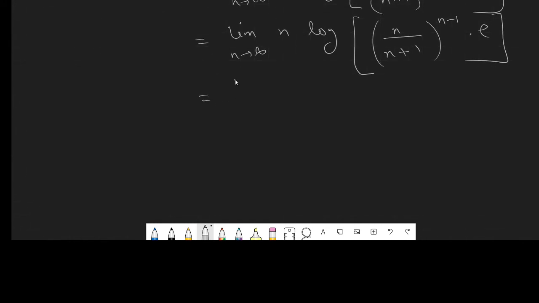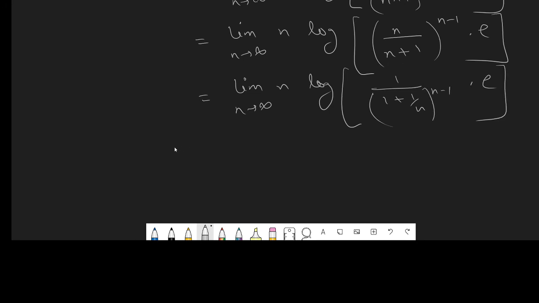Then it will be equal to limit n tends to infinity of log of 1 divided by (1 plus 1 by n), because if we take n common for numerator and denominator, then it will come out as this, power n minus 1 multiplied by e.